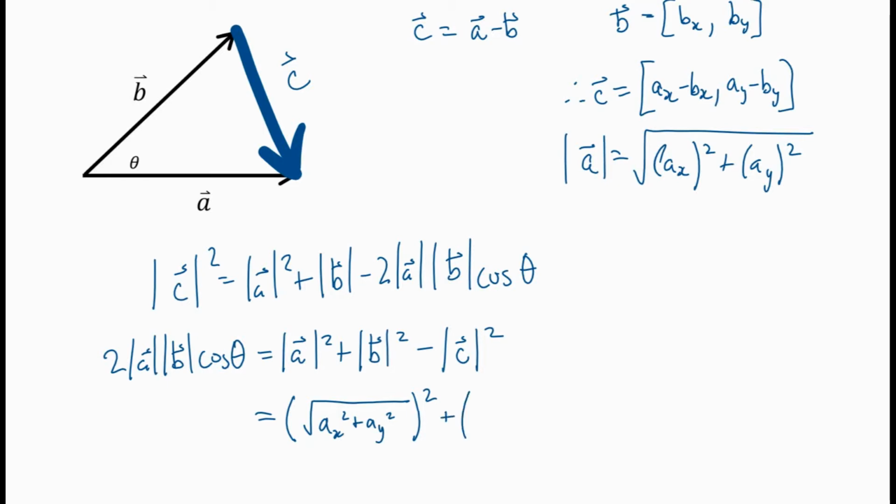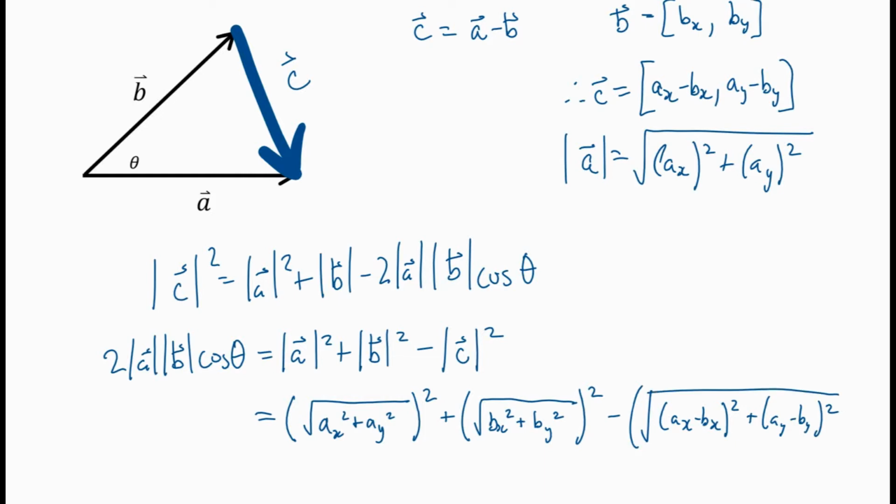Plus, same thing for B, the square root of bx squared plus by squared, all squared, minus, this is C. So what's the magnitude of C? Well, it's the square root of ax minus bx squared plus ay minus by squared, all of that squared, because those come from here.